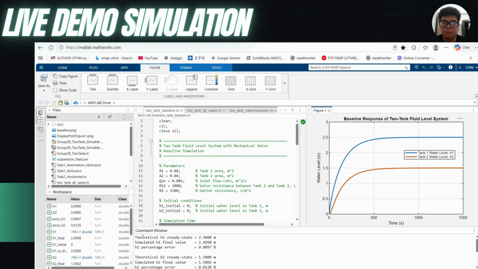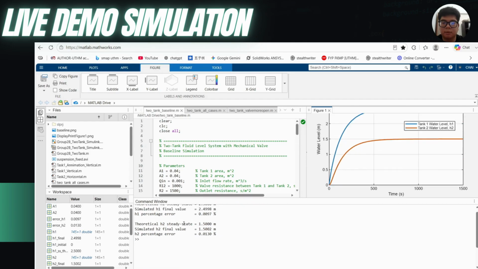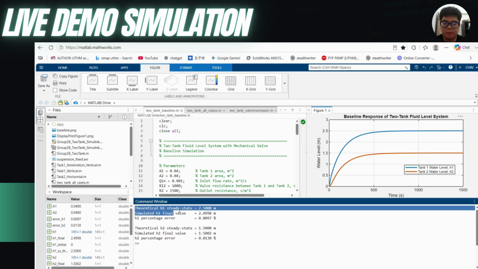From the command window, we see that the theoretical H1 water level is 2.5 meters and the simulated H1 final value is 2.4998 meters.